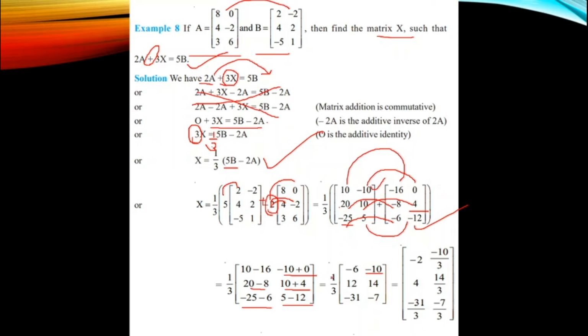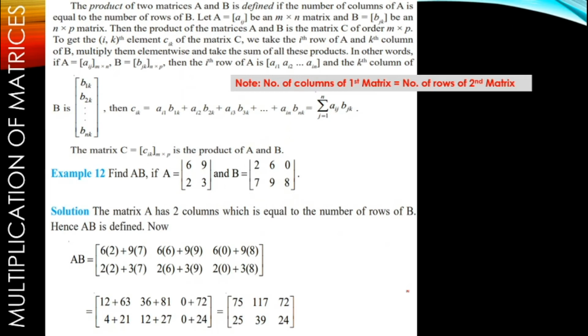Now 1 by 3. Each and every element you multiply by 1 by 3, or in other words you divide each element by 3. So here we get 2, negative 10 by 3, 4, that is 12 by 3 is 4, 14 by 3, negative 31 by 3, negative 7 by 3. Completed.